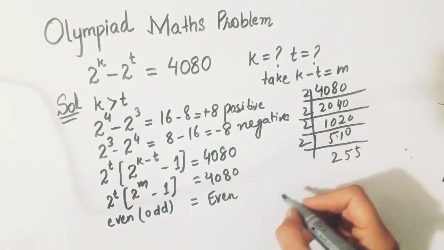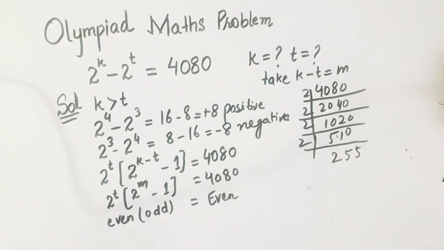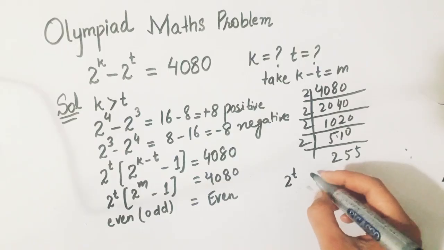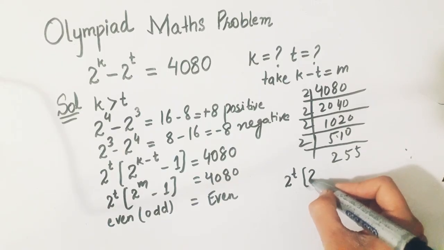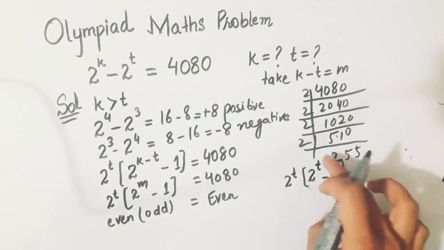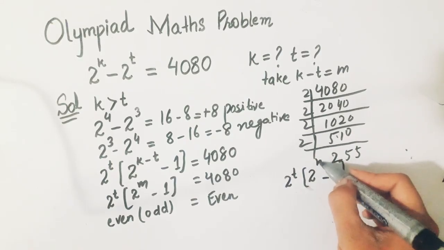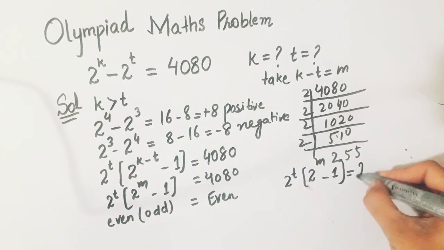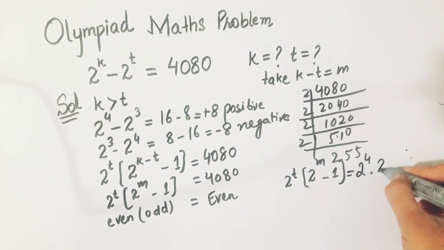We will write our answer as 2 raised to power t into 2 raised to power m minus 1 equals 2 raised to power 4 into 255.